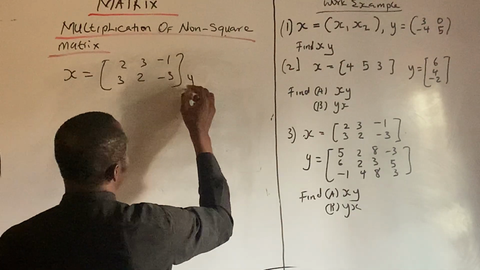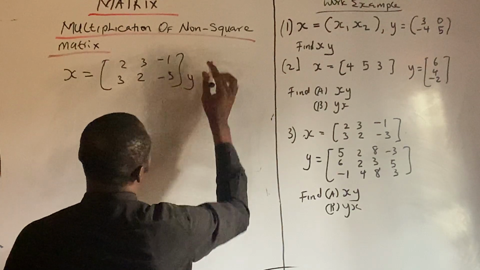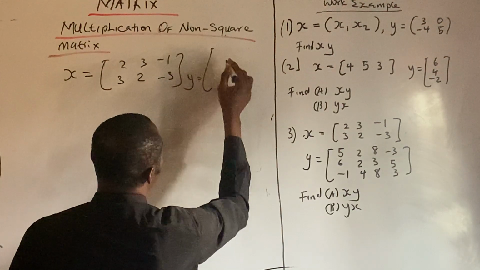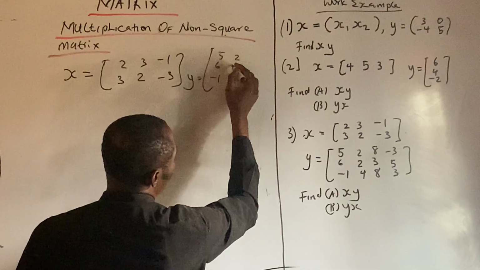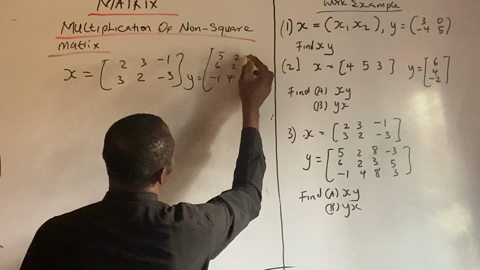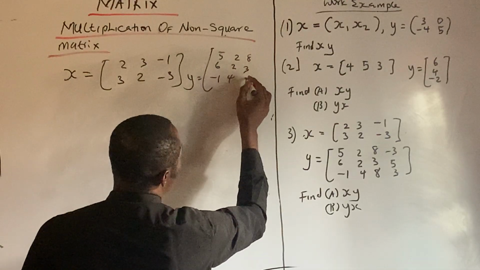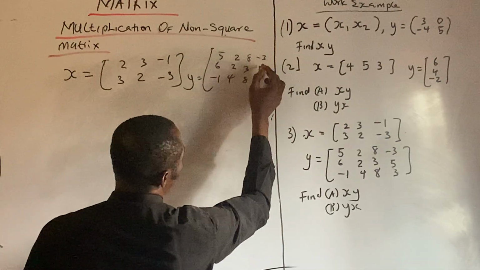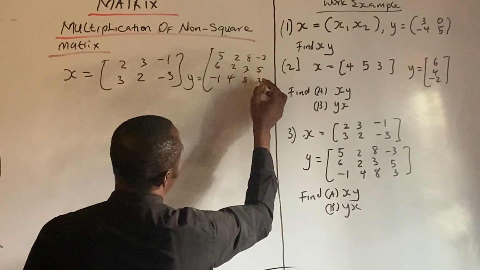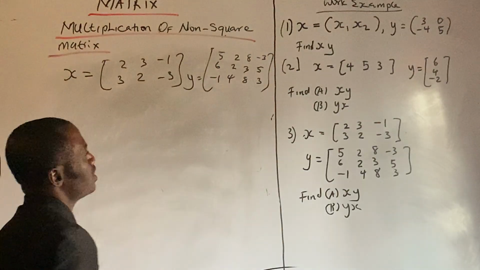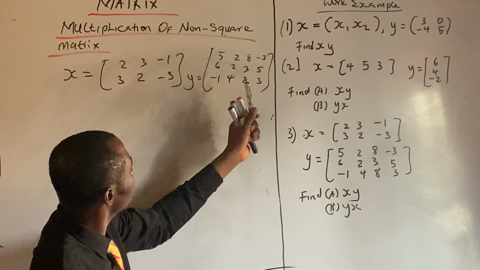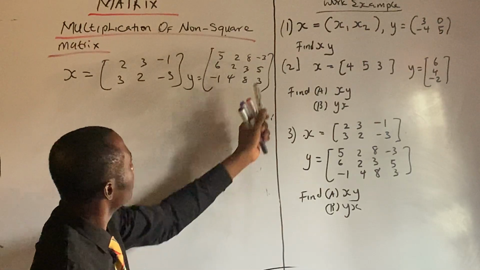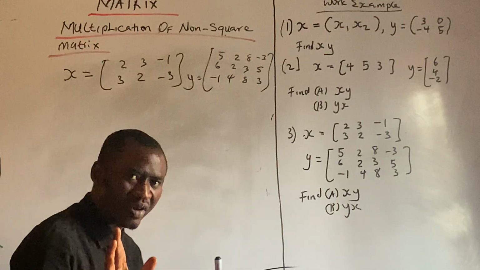And then y is equal to, let me make a larger bracket, 5, 6, minus 1, 2, 2, 4, 8, 3, 8, minus 3, 5, and 3. I need to be very careful with that.